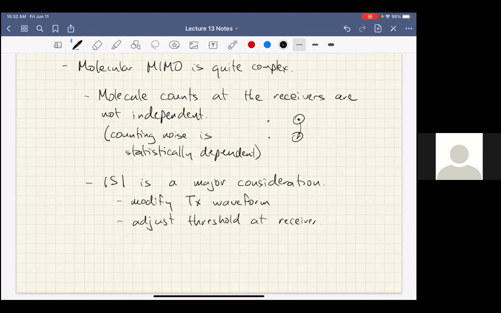So that gives you a very brief and high-level introduction to the idea of molecular MIMO, but it should be clear that there's plenty to do, and there's in fact plenty of research activity. Nonetheless, the gains, if you read the papers, are quite impressive, and it's certain that molecular MIMO is a useful technique for increasing the information rate of molecular communication systems.